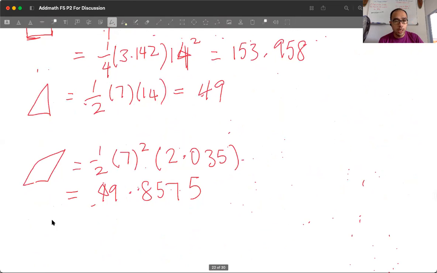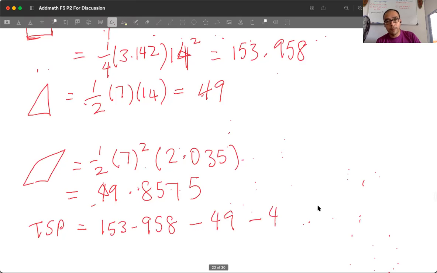So TSP is 153.958 minus 49 minus 49.8575. So what do we get? 153.958 minus 49 minus 49.8575. We will get about 55. What a strange question. 55.1005.